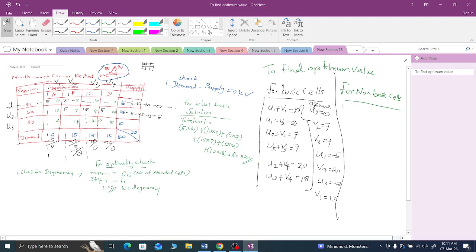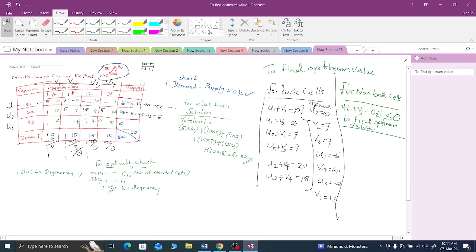That condition says ui plus vj minus cij has to be less than or equal to 0 to find the optimum value. So we have to check all the ui plus vj minus cij, everything to be less than or equal to 0.